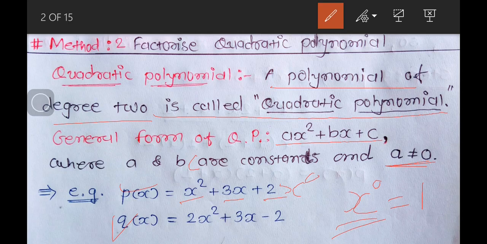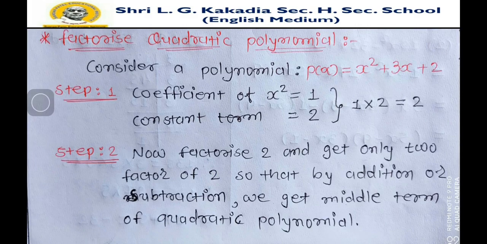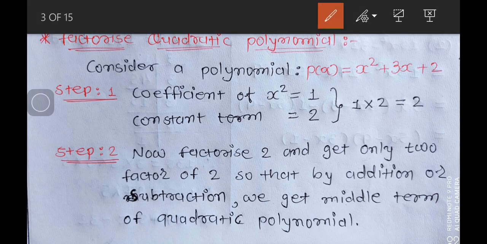Now we study our method number 2, factorization of quadratic polynomial. So how can we factor a quadratic polynomial? For factorization of a quadratic polynomial, we have to follow some steps.